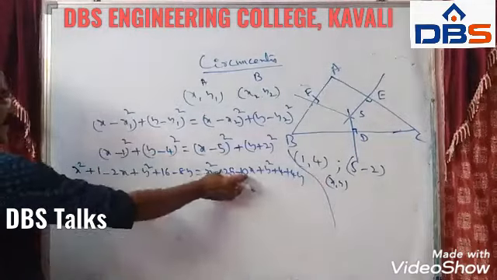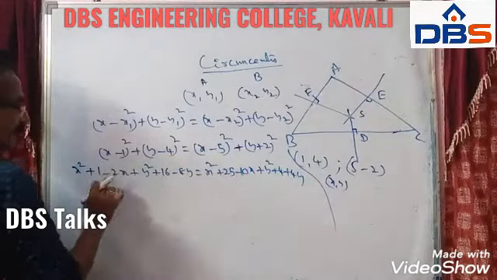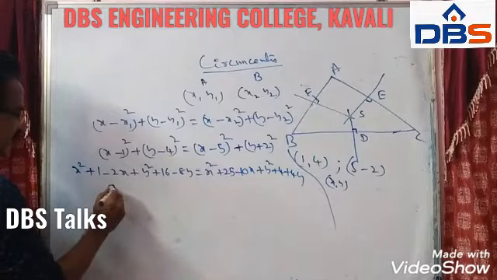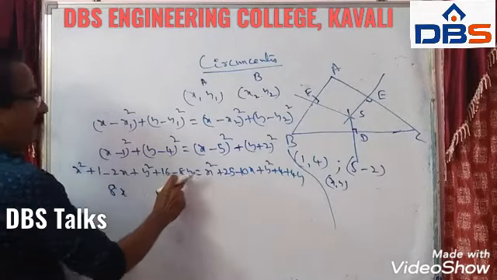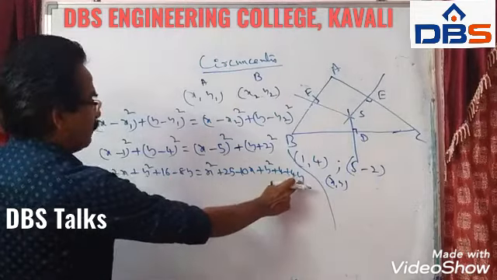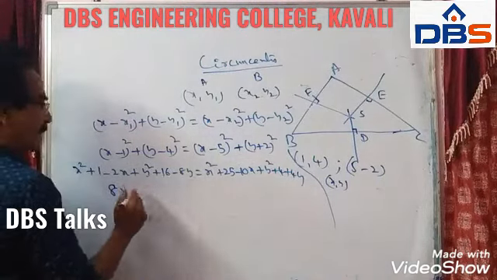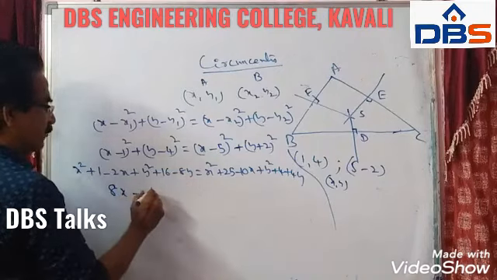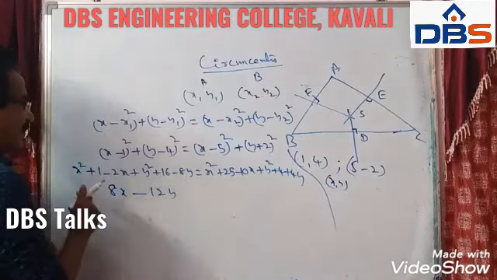So minus 10x comes to this side: minus 10x minus 2x, 8x. The y term: 4y comes to this side, minus 4y minus 8y, minus 12y.